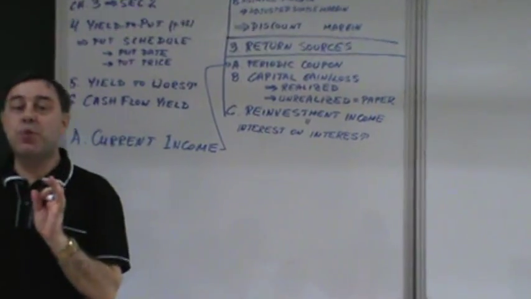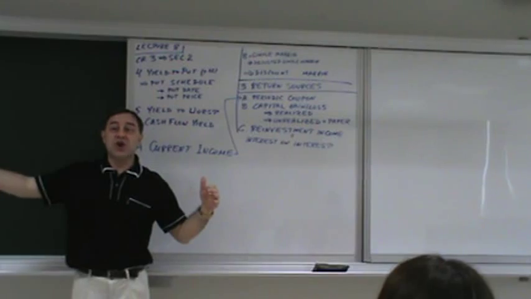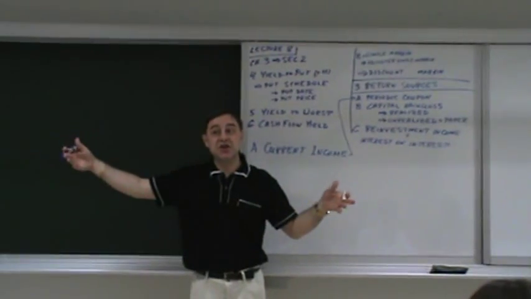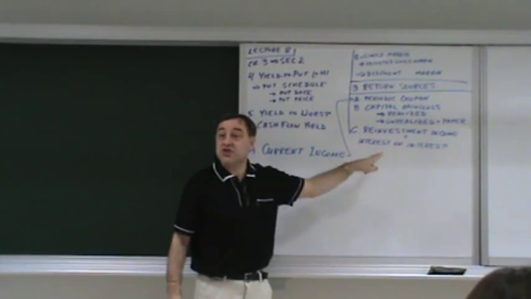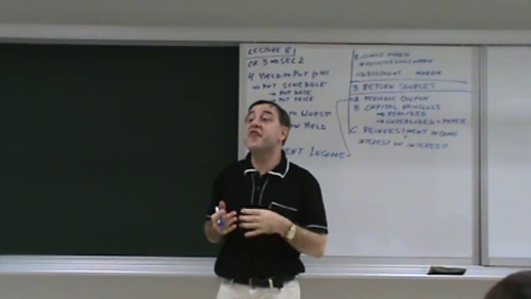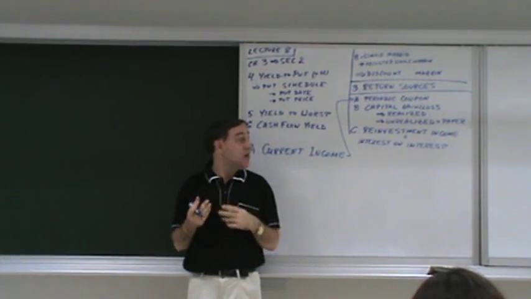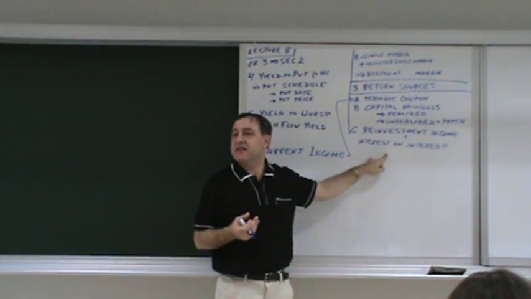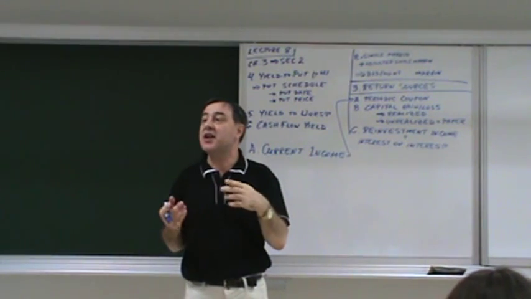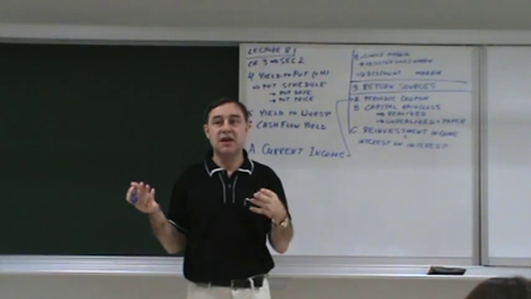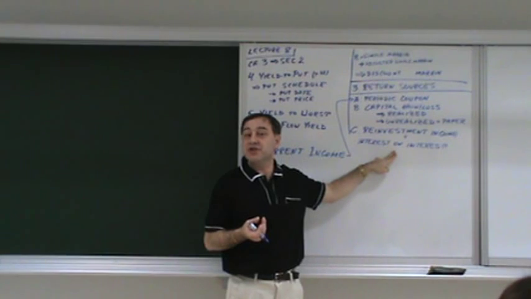Well, here's what's important to understand. For long-term maturities, like 10 years, 20 years, 30 years, the reinvestment income, the interest on interest, will give you the bulk of the income, the bulk of the cash flow. It could be easily 50, 60, 70, 80, or even 90% of all the cash flow will be interest on interest.